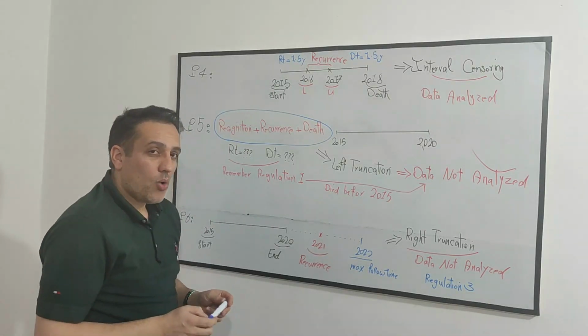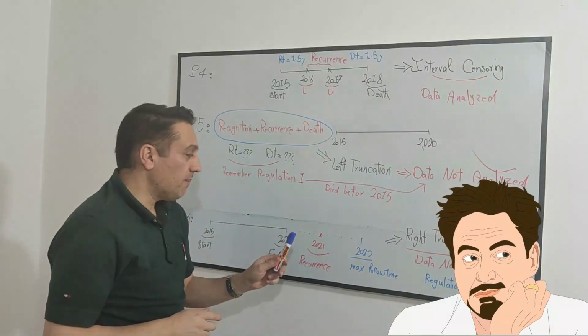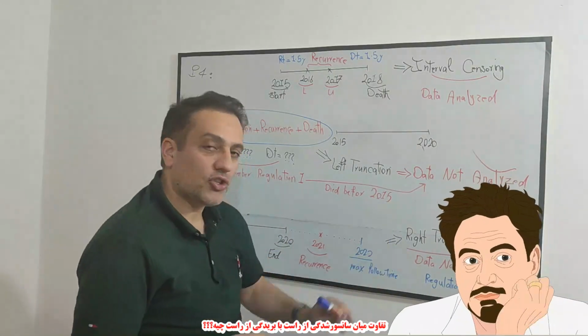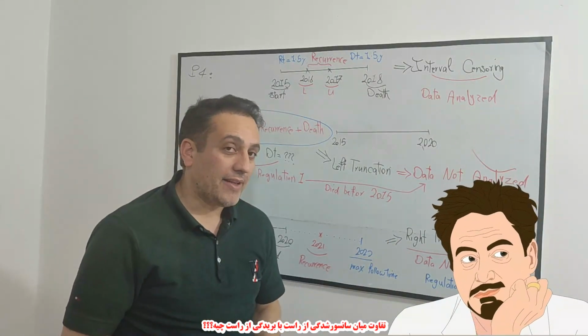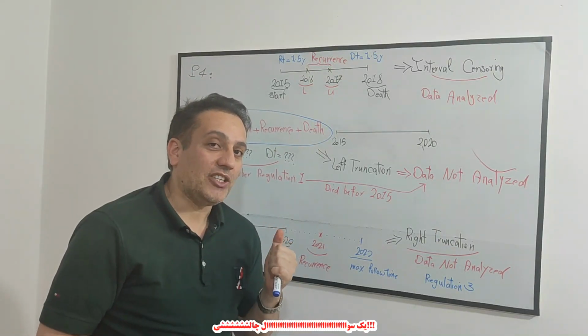But now a question: what's the difference between right truncation and right censoring? It's a challenge question.